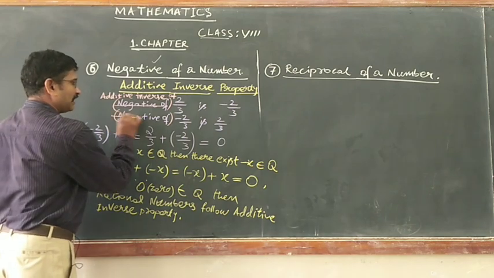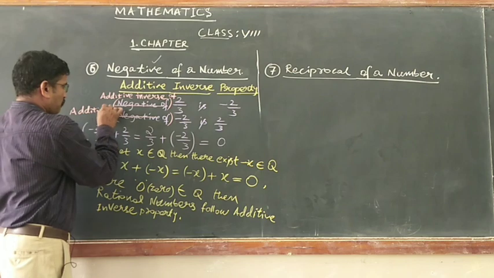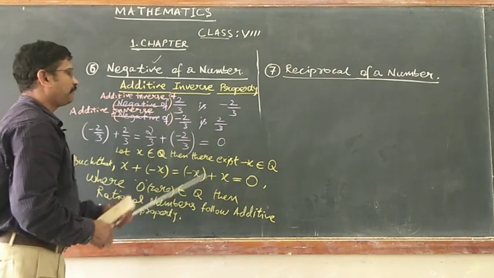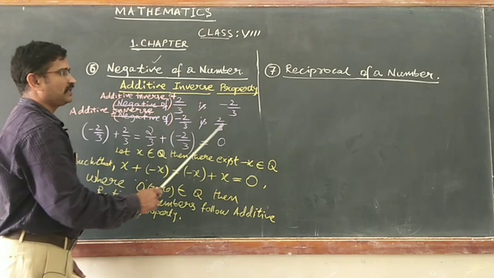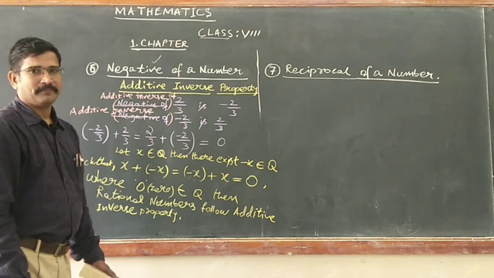Similarly, here I can say the additive inverse of minus 2 by 3 is 2 by 3. This is the additive inverse property.